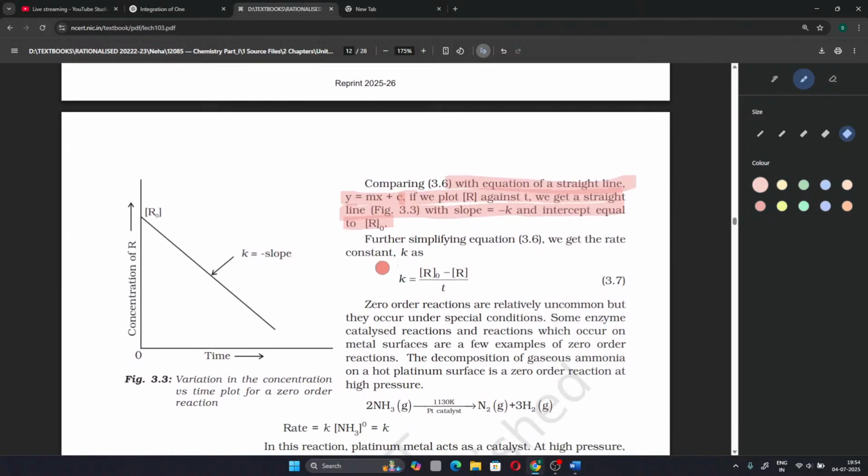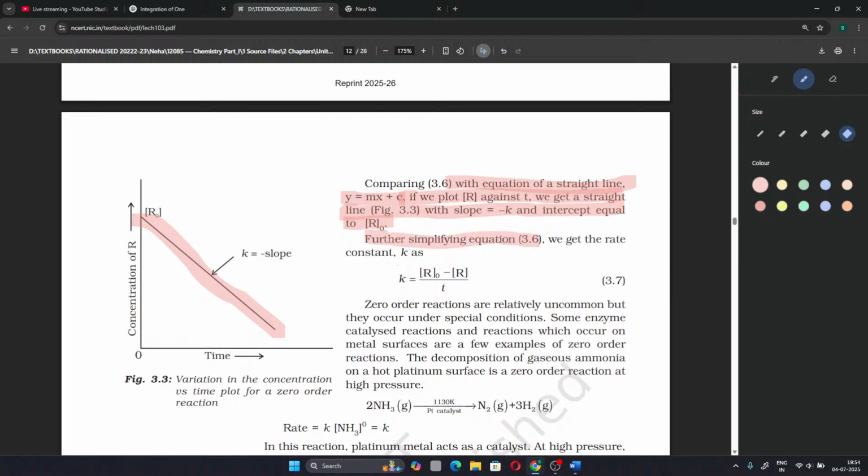We get a negative slope because the concentration of the reactant decreases as time goes by.